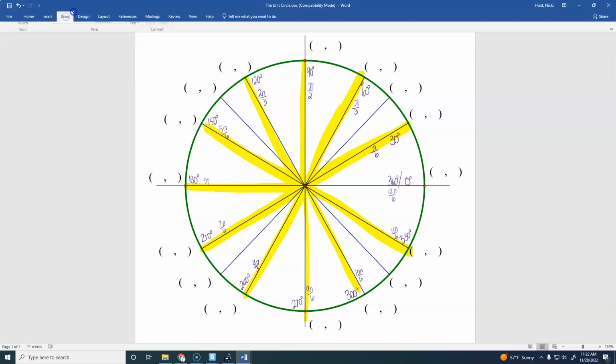Okay. 9 pi over 6 is going to be 3 pi over 2. 10 pi over 6, if we reduce 10 over 6, we get 5/3. So that's 5 pi over 3. And 11 pi over 6 will not reduce. 12 pi over 6, 2 pi.